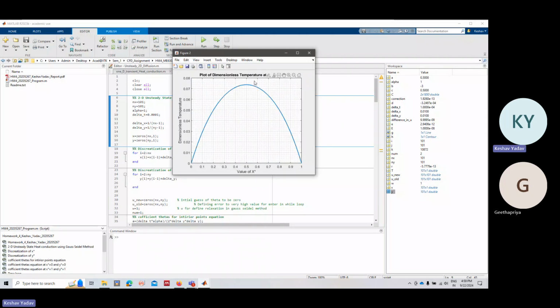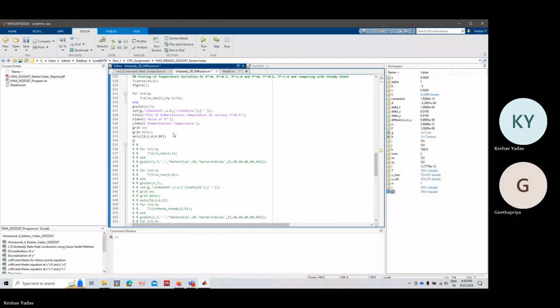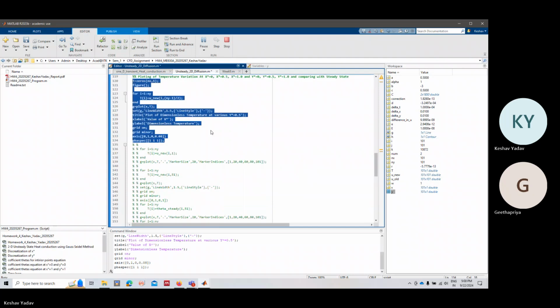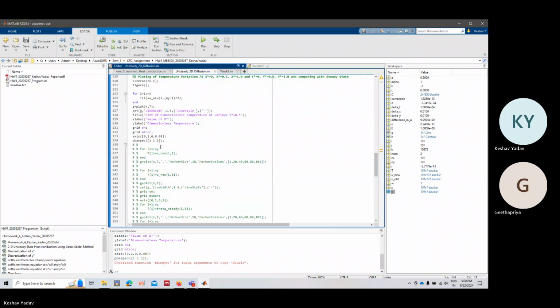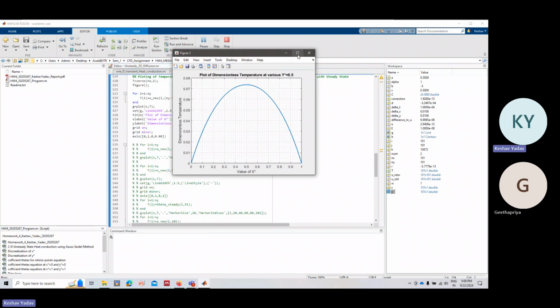This will be my temperature profile at y equal to 0.5. So this is the temperature profile.